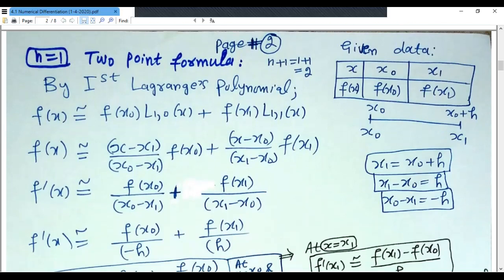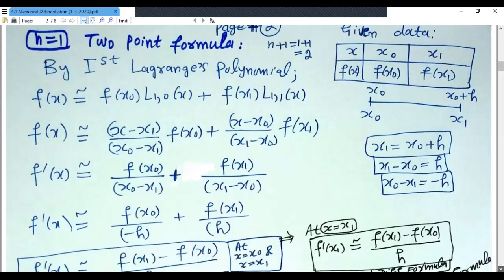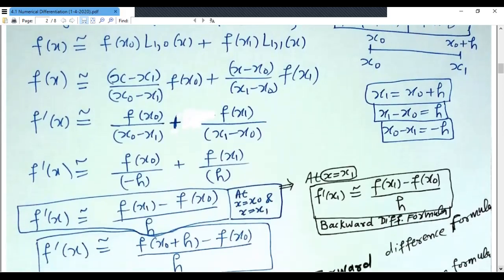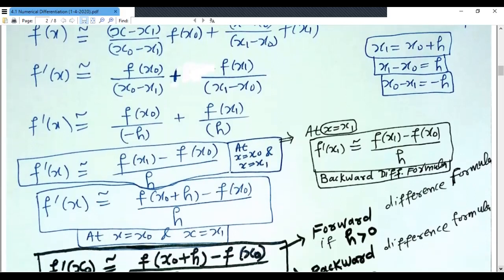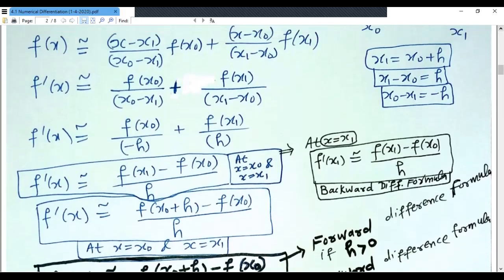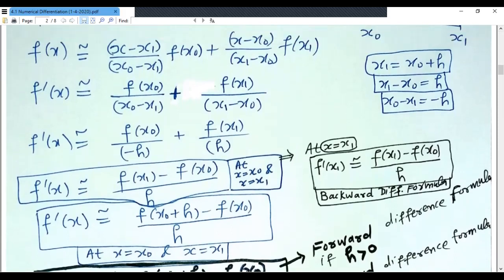For this data, we can find the first degree Lagrange interpolating polynomial, which is f of x0 L10 of x plus f of x1 L11 of x, where L10 of x is the Lagrange coefficient and is equal to x minus x1 over x0 minus x1. Similarly, L11 of x. The derivative of this Lagrange interpolating polynomial is very easy because the derivative of x is 1 and the derivative of a constant is 0.